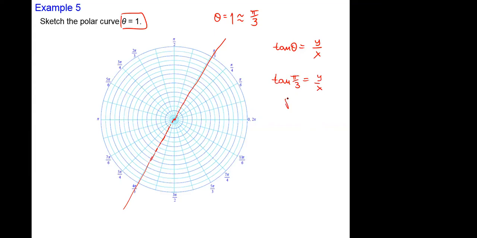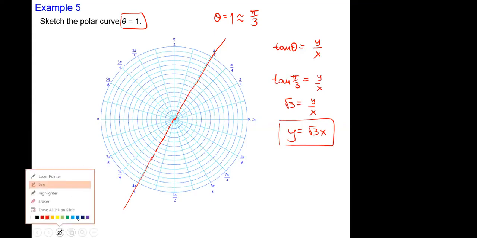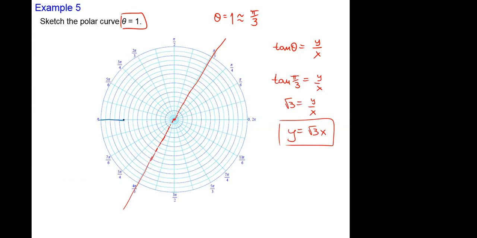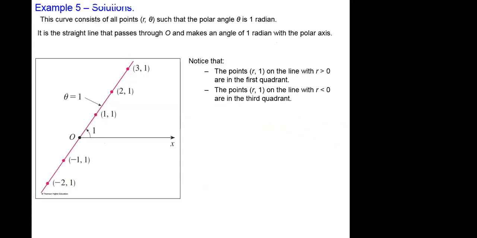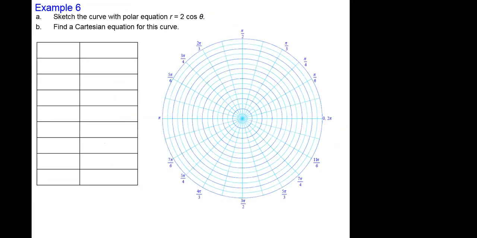Tangent of 60 degrees is square root of 3. And solving for y, we have y equals square root of 3 times x. Just a line through 0, 0 with slope square root of 3. That's the way to convert. Okay, but now let's have r and theta at the same time in the equation.